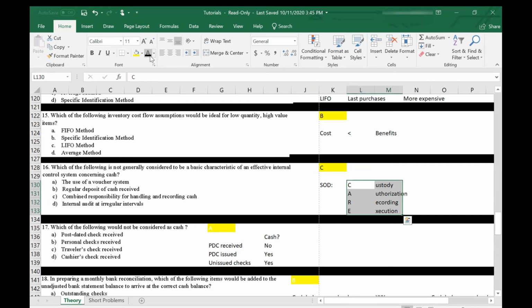Now, just to give additional insight: let's say it's a small company, or a company that, because of scarce and limited resources, can't hire different people. So segregation of duties seems not to be practical for them because, as mentioned, the benefit should outweigh the cost.